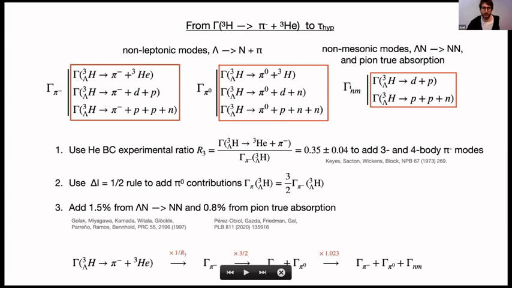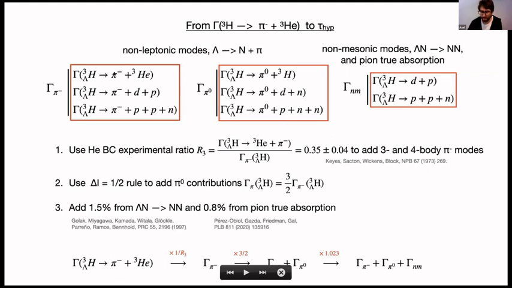So that's mainly our protocol on how we calculate the total decay rate from the two-body partial one. We multiply by 1/R3, 1.5, and 1.023. From now on, I will focus on this partial decay rate and the relevant effects there.